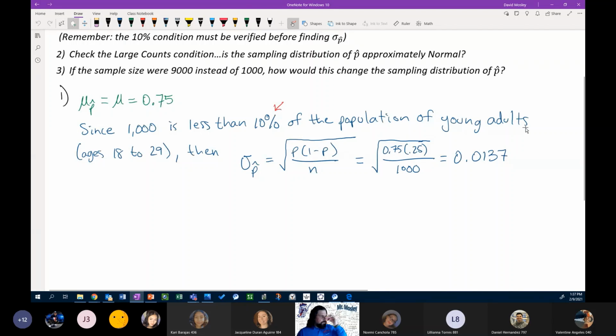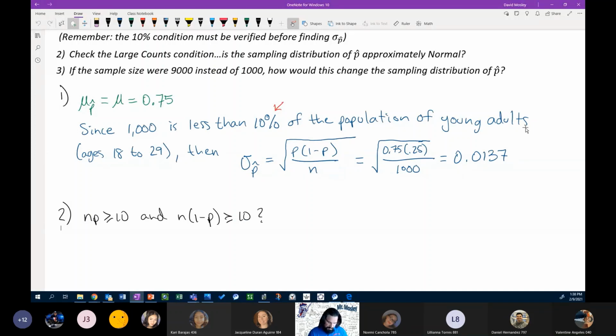So then next we want to check the large counts condition, because if that is satisfied, then the sampling distribution of p hat is approximately normal, which would allow us to do calculations with a normal distribution if we needed to. To check that, we have to see if np is greater than or equal to 10, and n times 1 minus p is also greater than or equal to 10.